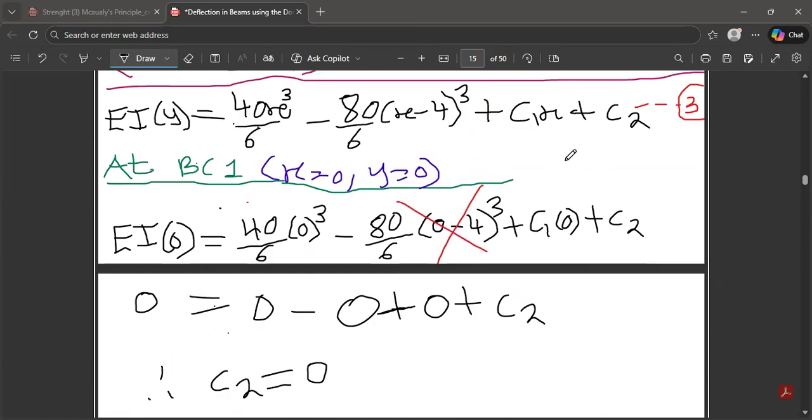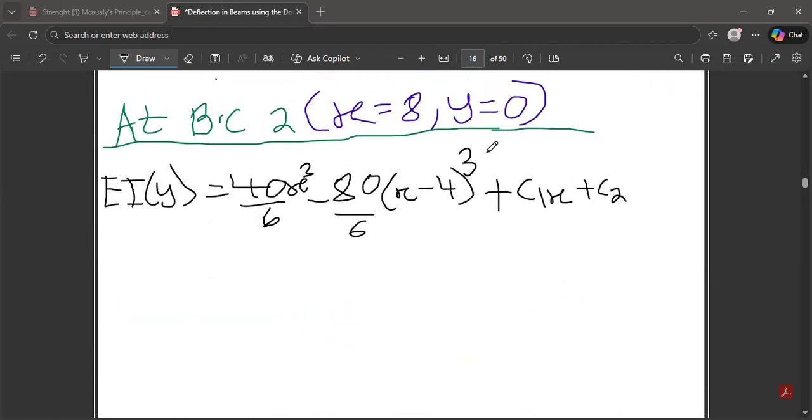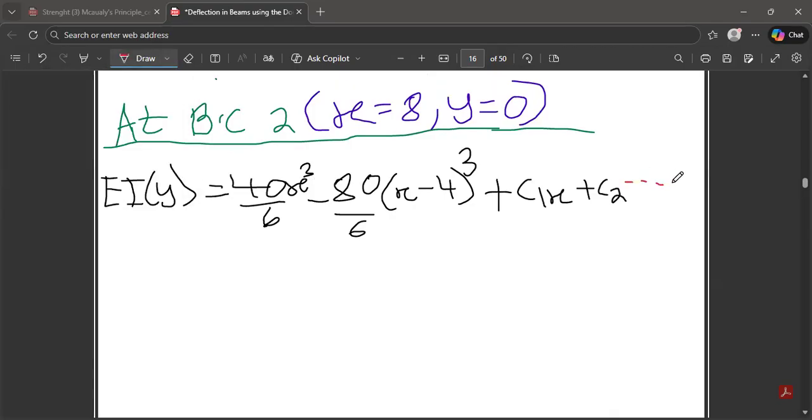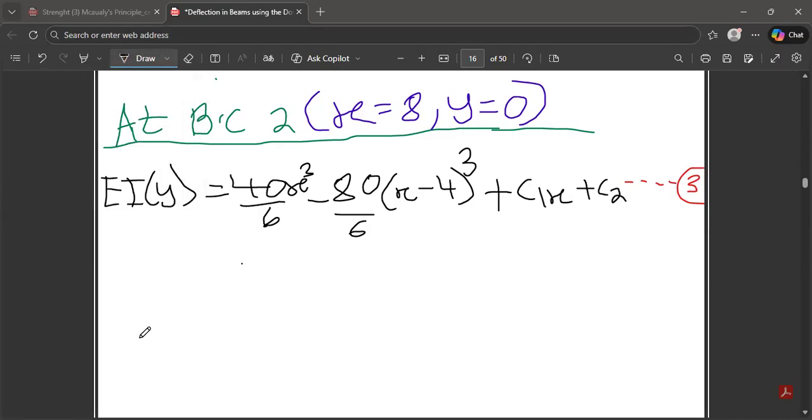I hope my relation is correct as we all had initially. This is still our equation 3 because we are putting everything into equation 3. I don't want to confuse you much.